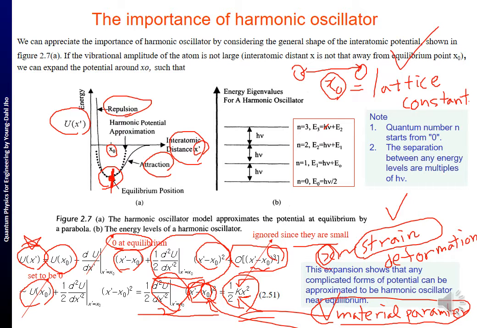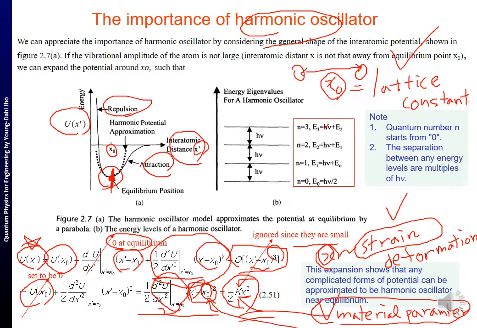So whether we solve the rather complicated Schrödinger equation based on this harmonic oscillator or not, we somehow understood the importance of the harmonic oscillator now, right?